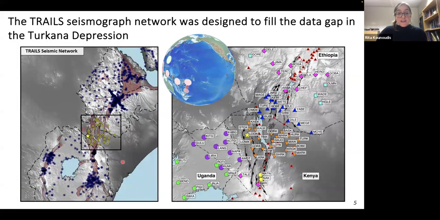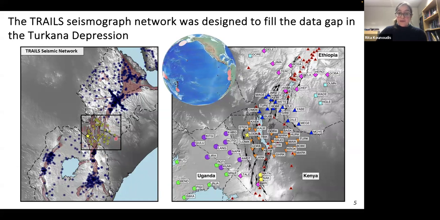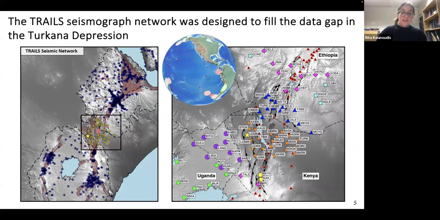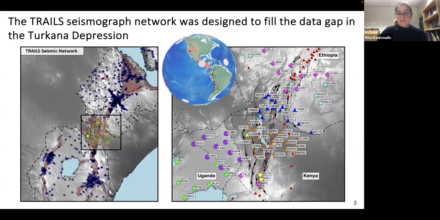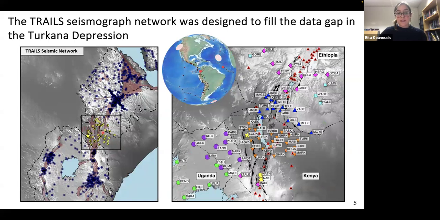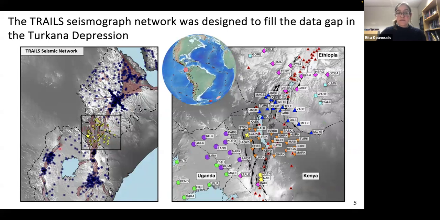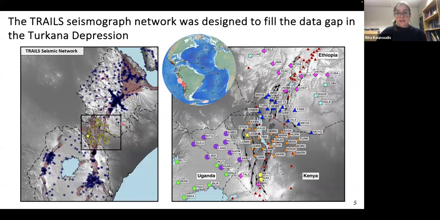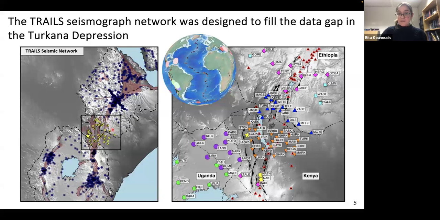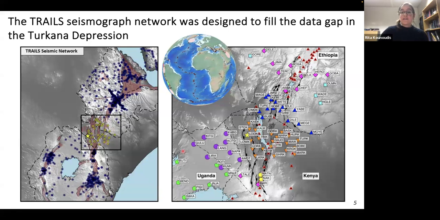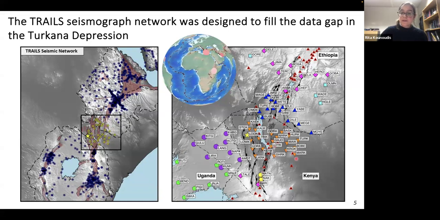So to do all of this, we first had to deploy a seismograph network because this region has never really had a seismic deployment within it, in contrast to the surrounding parts of East Africa. As part of the Trails project, we deployed a series of 35 broadband seismograph stations.